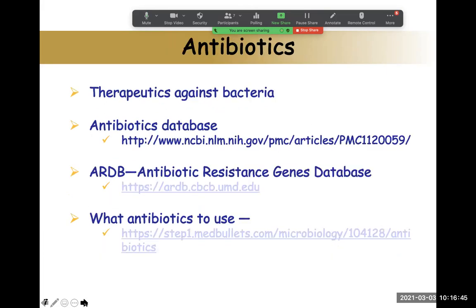All right. So when we talk about antibiotics, I told you it's against bacteria. There is an antibiotics database, and you can get a very quick overview of what antibiotics to use. If you link to MedBullets, it's commonly used by medical students, but if you want to get an idea what antibiotics to use, that's a good place.